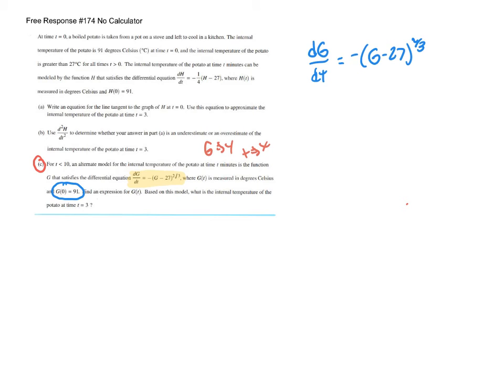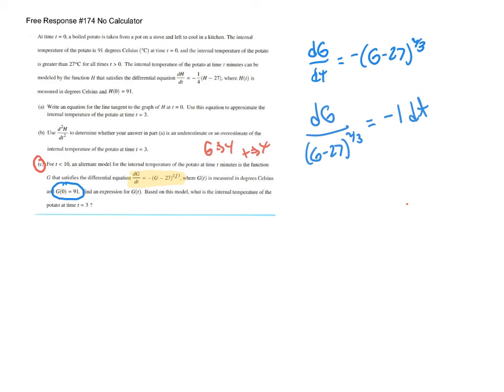So let me see if I can get through this algebra with you. We are going to divide by the (g minus 27) to the 2/3. So that would look like this. And we're going to multiply by dt. So this would be like a negative 1 dt over here.